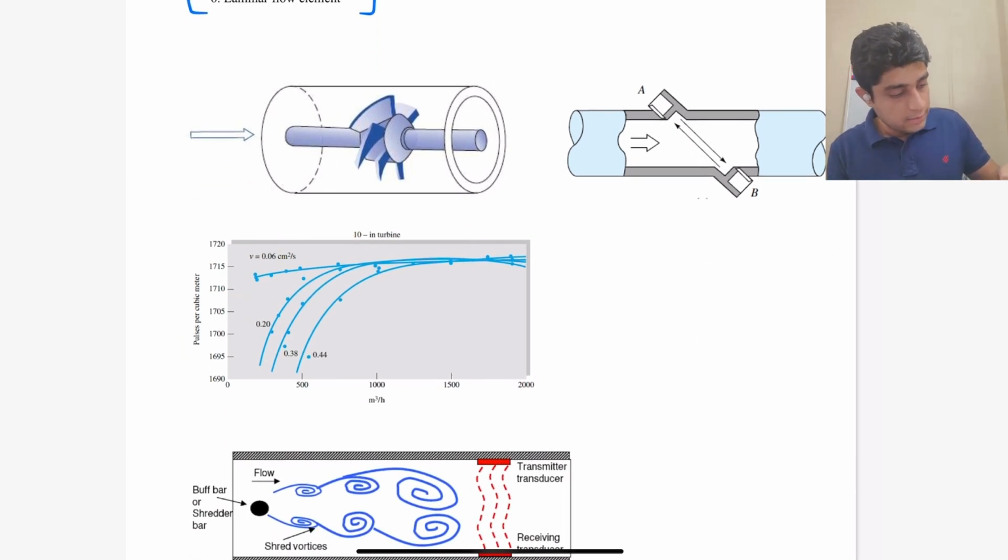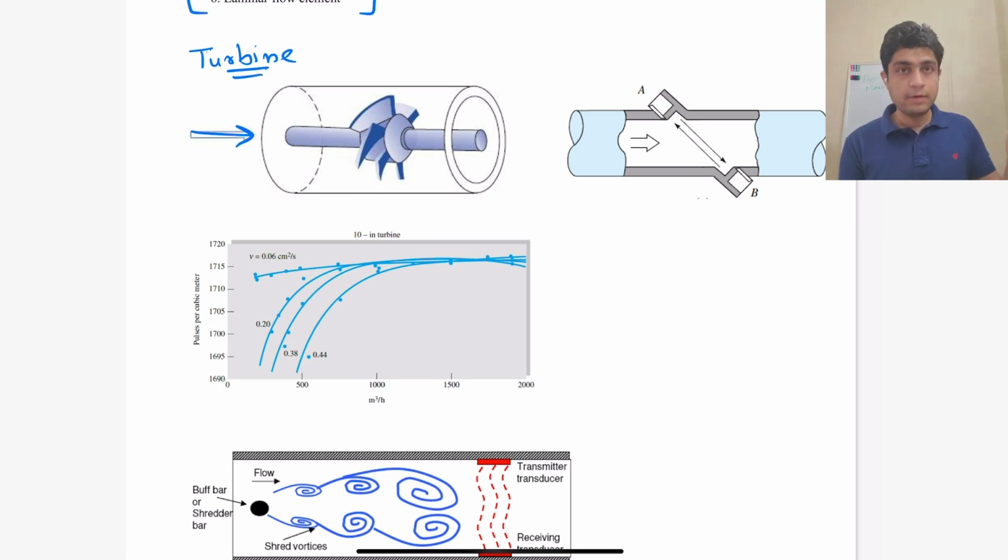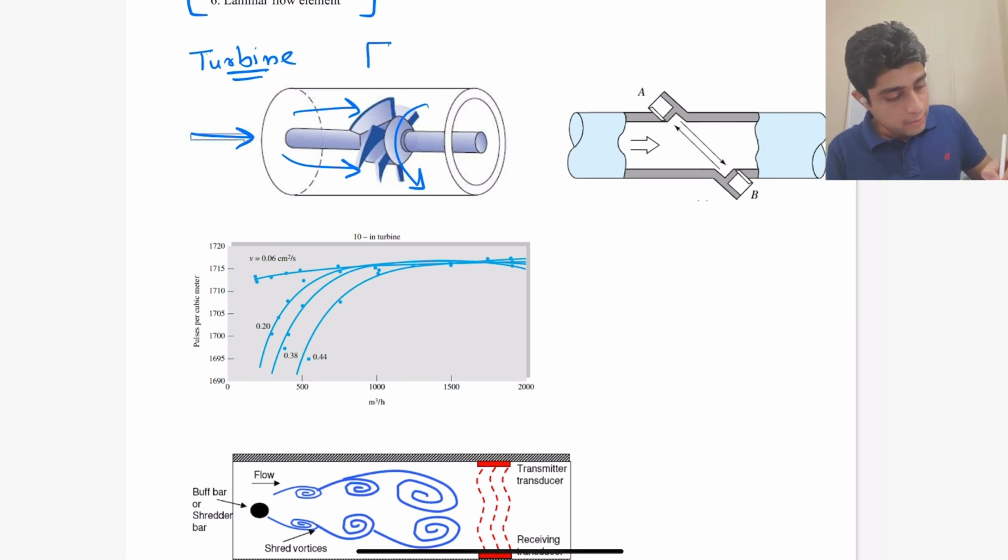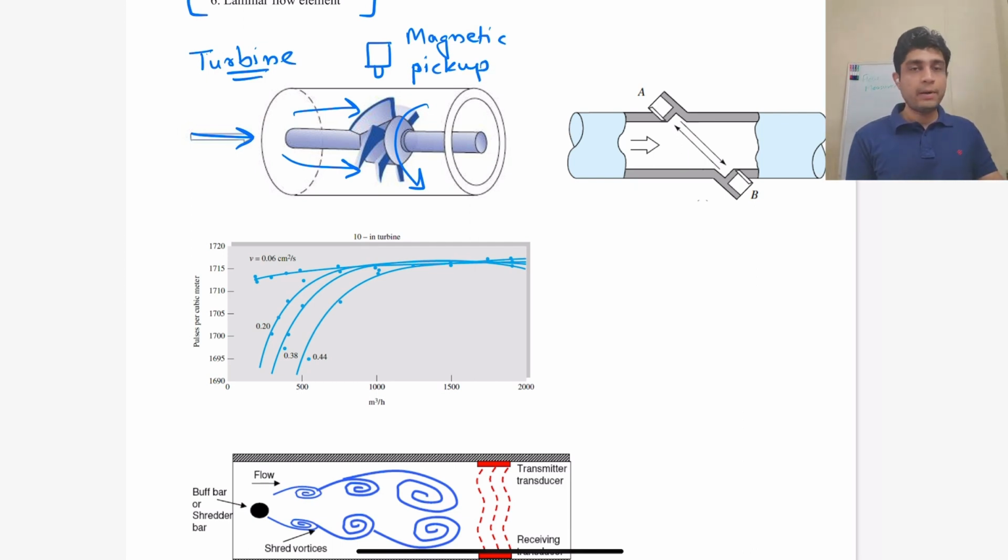So this first picture here is of a turbine flow meter. The flow comes in the pipe, and we install a turbine in this pipe. As the flow hits the impeller blades, the turbine rotates, and then we place a magnetic or electric pickup outside, so that as the impeller passes, the magnetic pickup can record and count how many times the impeller is passing.